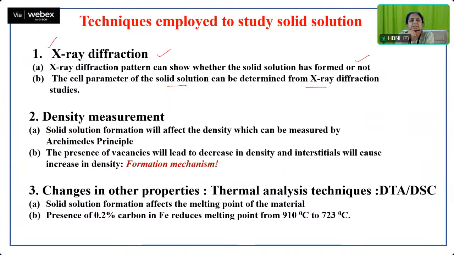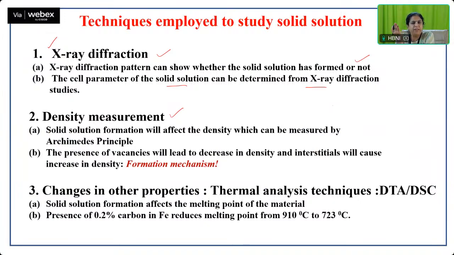What is another technique that you can use other than diffraction? See, when you are creating vacancies or you're putting in excess, you're basically changing the density of the material, right? That is the most direct impact of making solid solution, creating vacancies or putting in interstitials, that the density would change.